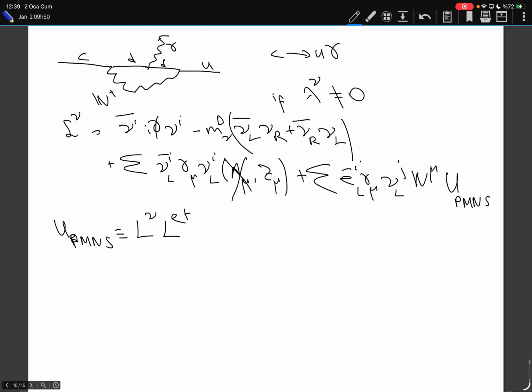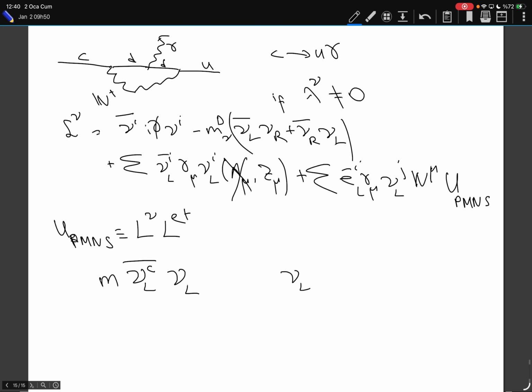But neutrinos are weird, because they don't have electric charge. So if I only look at, let's say, the electromagnetic interactions, they can also have such a mass. This is also a mass term.